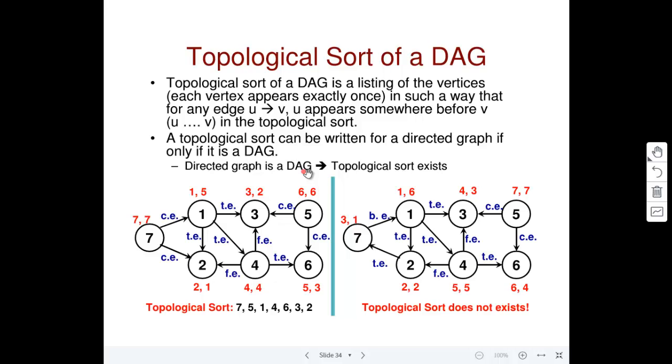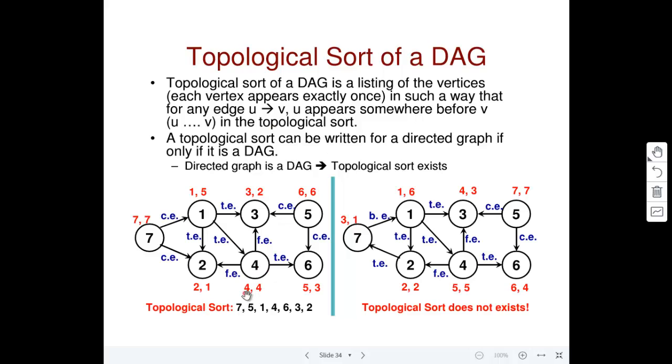So each vertex appears in the topological sort exactly once, and the listing satisfies the property that if there's an edge from u to v in the graph, it's a directed edge, then vertex u appears somewhere before v in the topological sort.